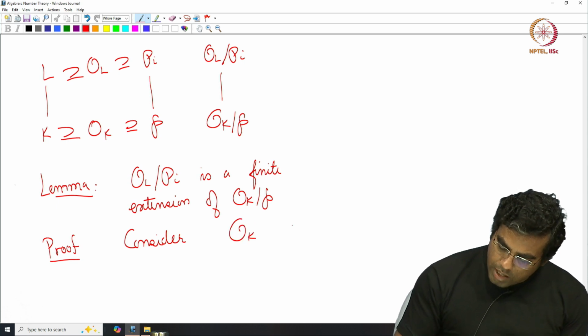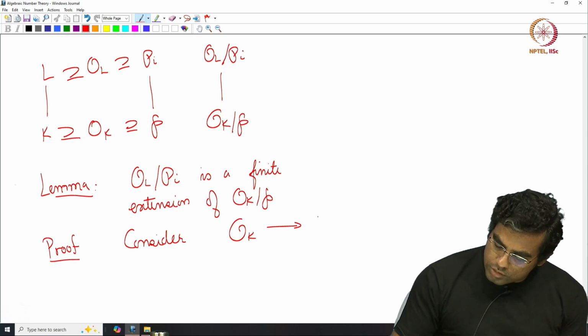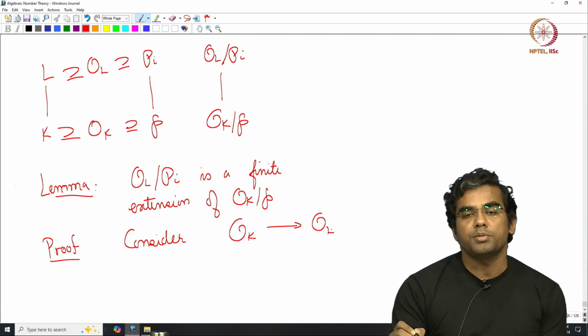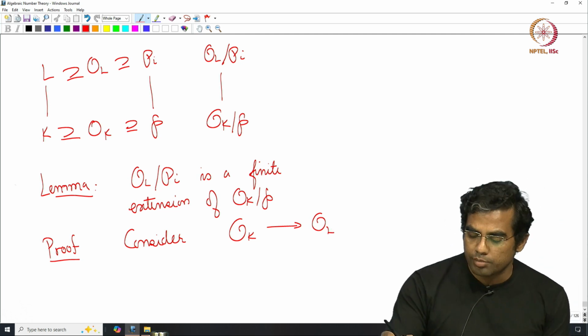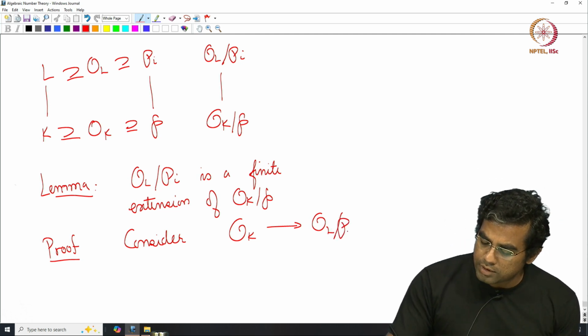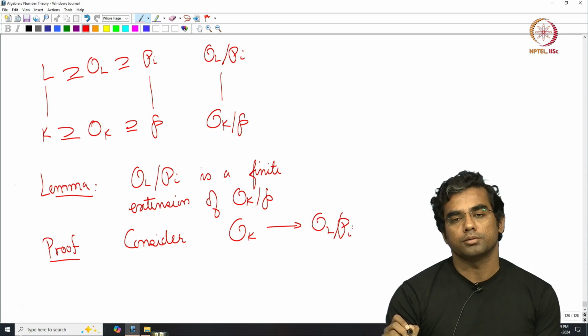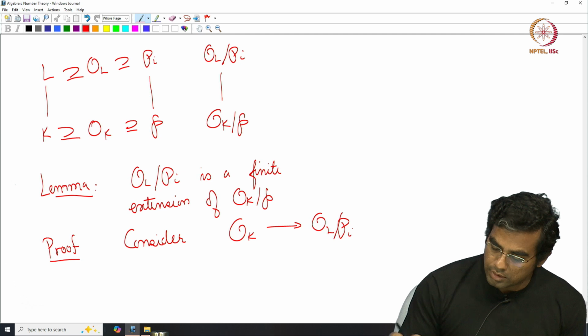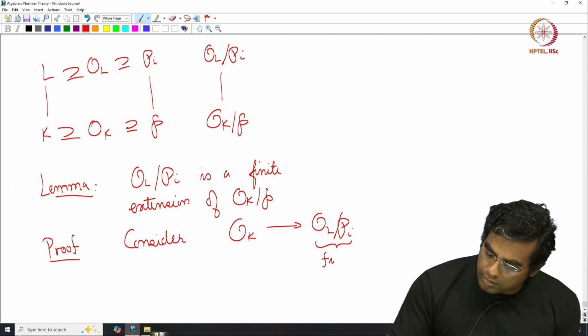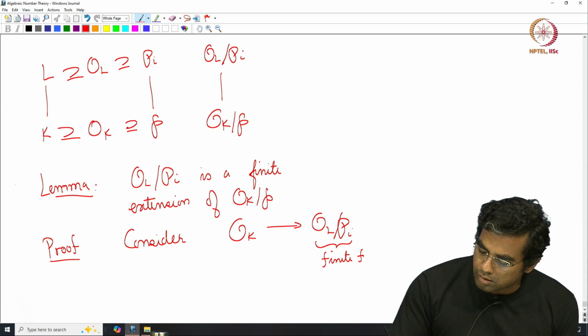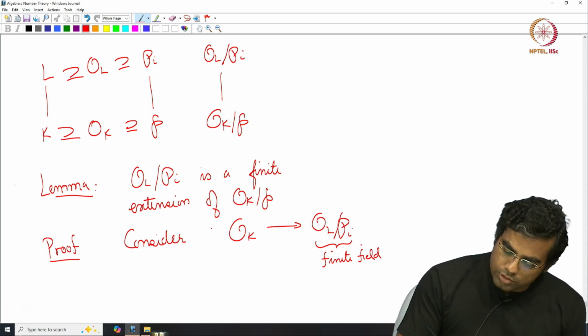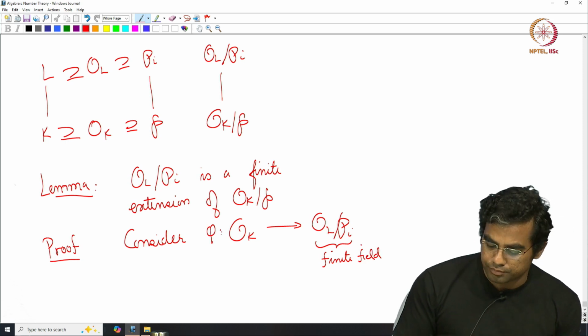You take O_K. So, O_K is a subset of O_L. So, there is an injective map like that, and I can further compose it with the quotient map, right. All right. And now I know that this is a finite field. So, let me call this map phi.